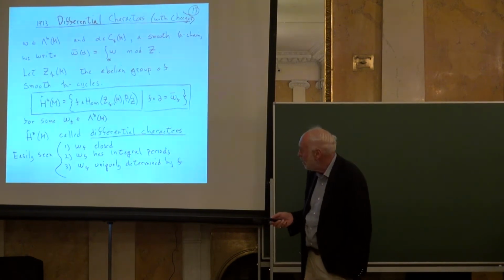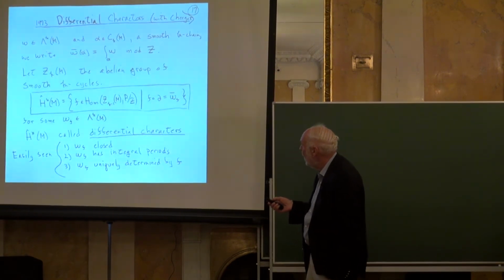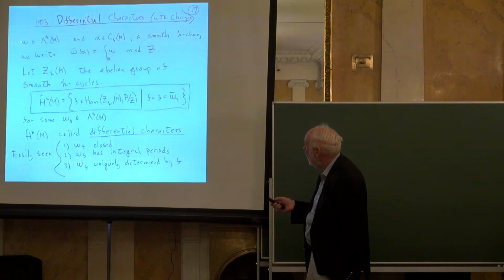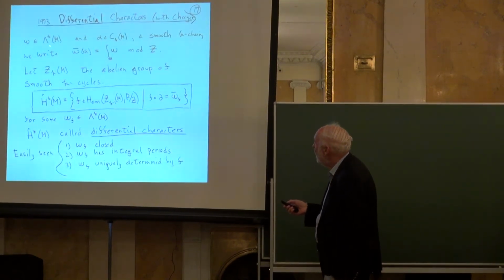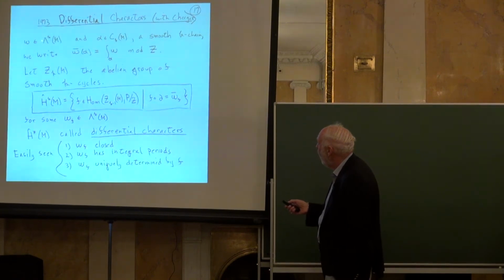So that made us make this definition. If we have a differential form omega and a chain, we write omega bar to evaluate on that chain, meaning its integral over the chain modulo Z. So that's what omega bar does.